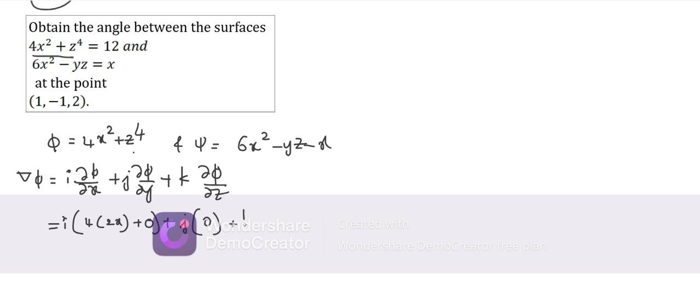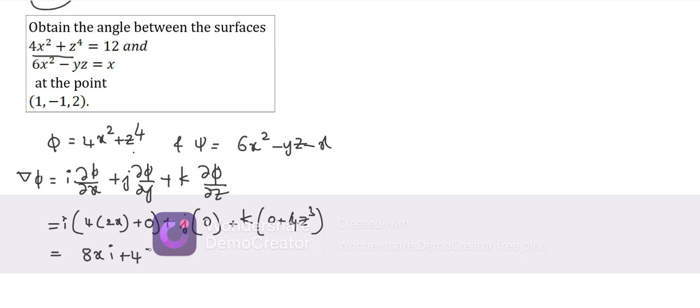And k into, we differentiate phi with respect to z. So x and y are constant, the differentiation of 4x square is 0, plus the differentiation of z power 4 is 4 into z power 3. Right?